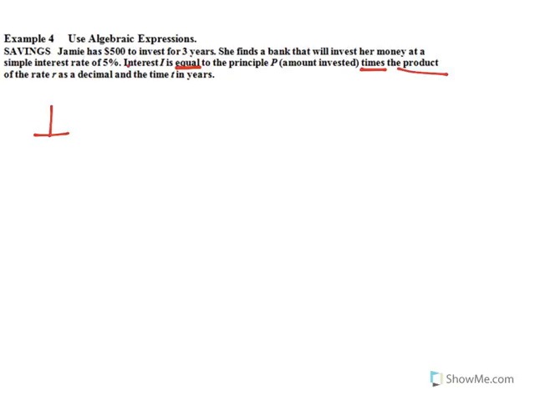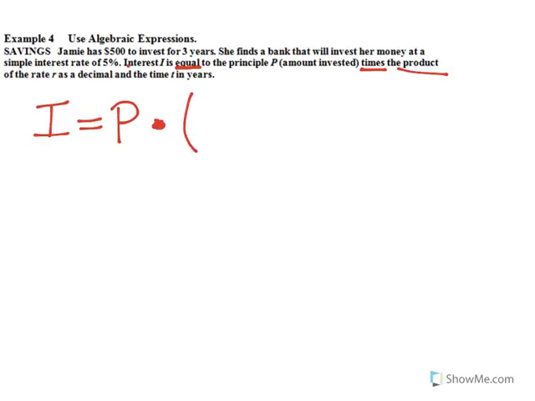So we have I is equal to the principal P times, well, it can be mistaken as an x, so I put it like that, times the product.